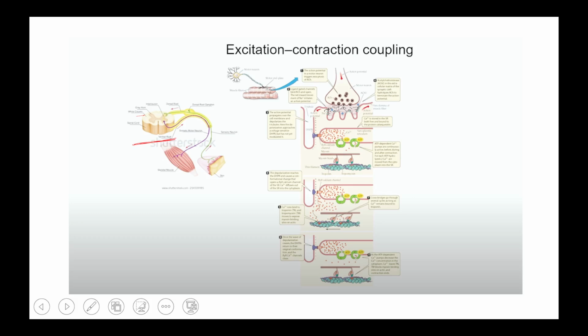Once the sodium enters inside through the sodium potassium gated channel, the inner side of the plasma membrane, which was previously negatively charged, changes. As the sodium concentration increases, because sodium is entering from extracellular fluid to intracellular fluid, the charge also changes.